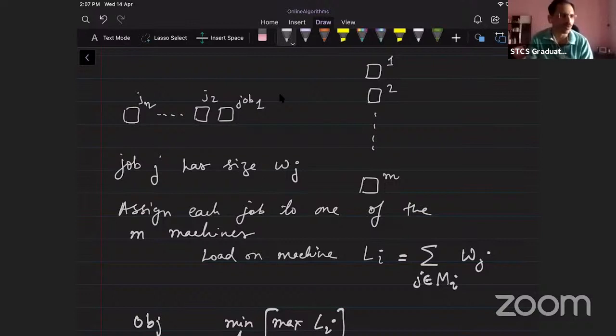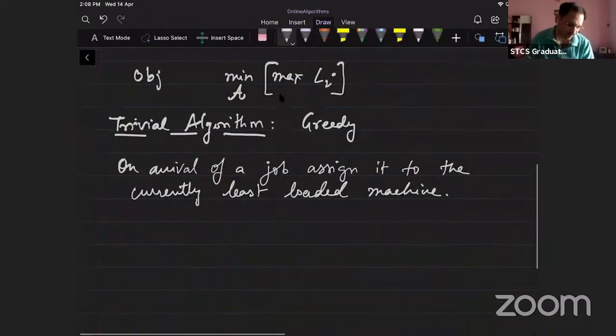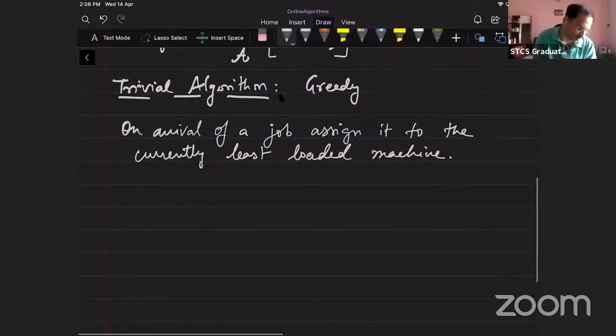So things can go wrong only if one job size is large, but thereafter you will not assign to that machine where this large job went for a very long time. So things are not too bad. Your algorithm is by default doing the load balancing job. If some job is large and it went to a particular machine, the later arriving jobs will not go to the same machine.